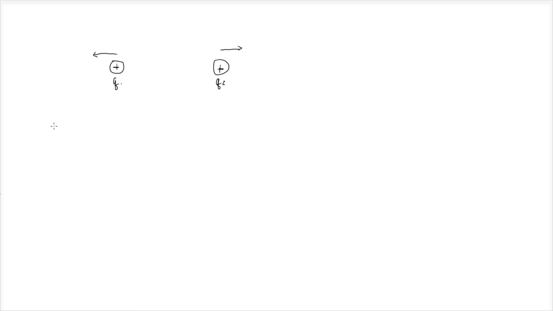But the question is why or how? How do they know to repel? What tells them what to do? Electric fields are introduced to help think about that. So electric charges produce electric fields. My shorthand for electric field is a capital E with a little arrow on top.